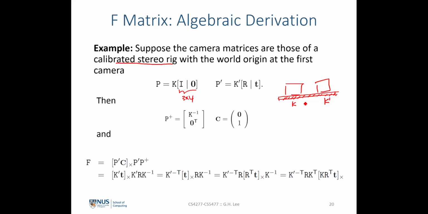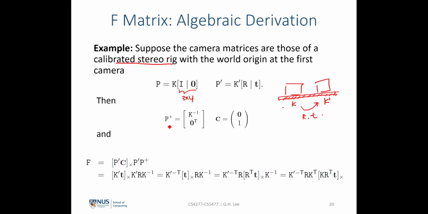The second view is simply rotated and translated by R and T. Hence, the second camera matrix can be expressed as the intrinsic matrix K prime multiplied by the rotation and translation [R | T] of the second view, defined with respect to the first camera's world frame.